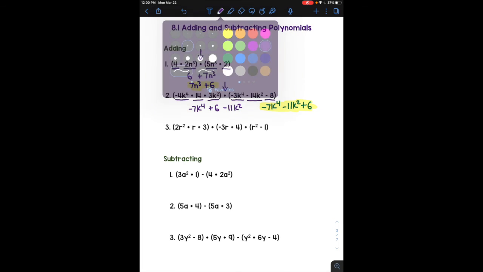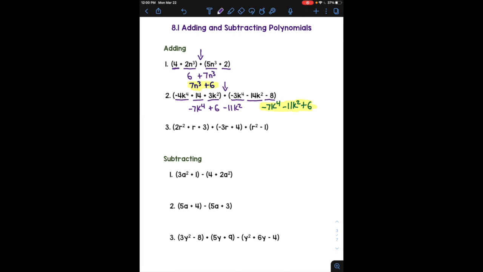Problem number 3, we're adding now 3 polynomials together. This first is a trinomial, 3 terms, then a binomial, 2 terms, and another binomial. What I recommend to do is just start with the addition of the first 2 expressions and then add on the third. 2r squared plus, there is no r squared in the second binomial here.